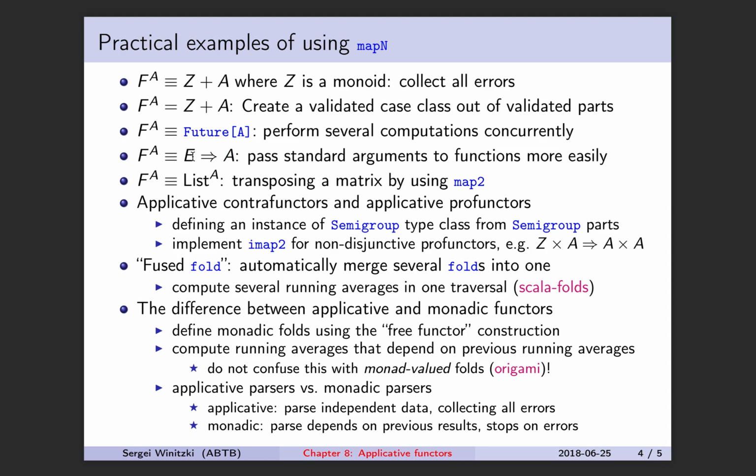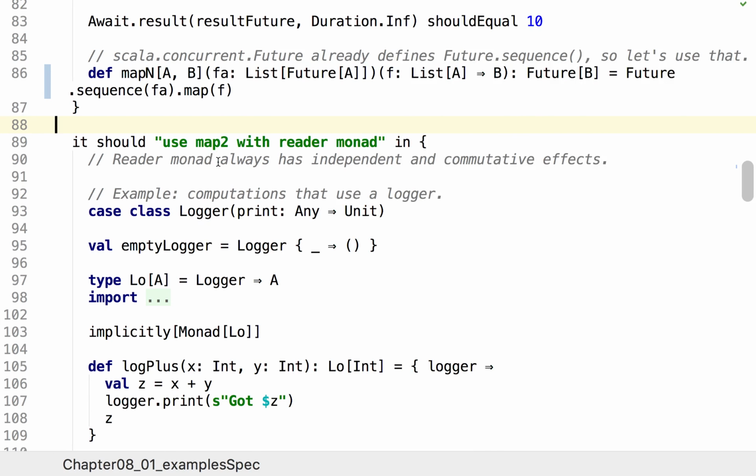Now this e is a constant, it is an immutable given value, and that's the only effect of this monad. So this monad always has independent and commutative effects. So in this monad, you don't have to worry about the order of effects. It is already independent. And in other words, we can define map2 via flatMap. There's no penalty for doing so.